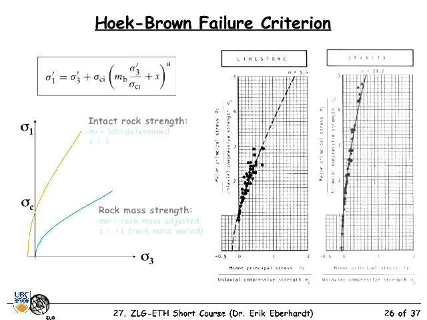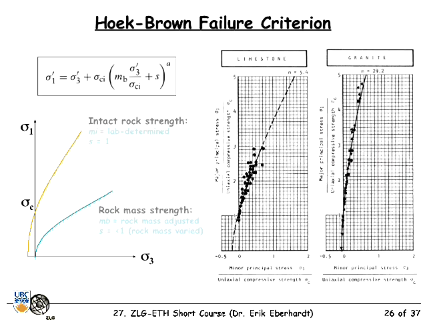So this is what the criterion is for intact rock, where we have a lab-determined value for intact rock, and our s value is 1. Different values for limestone, different curves fit for granite. The curve fitting parameter is m.